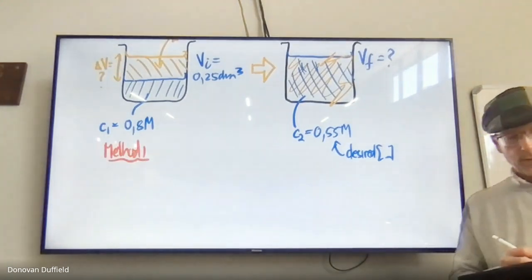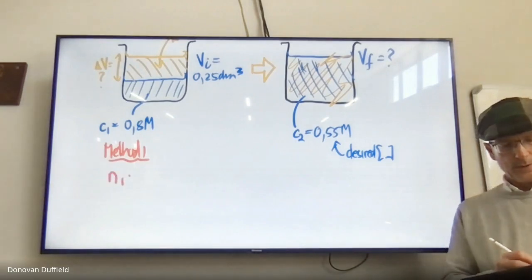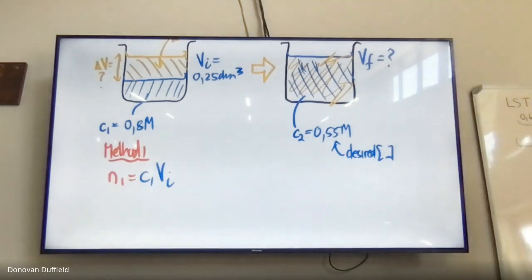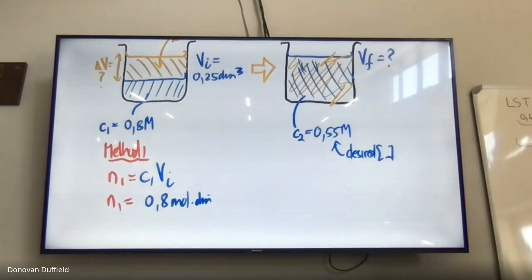we say the number of moles is the concentration times the volume of the solution. So the number of moles is going to be the concentration, which is 0.8 mole per cubic decimeter, times V initial, which is 0.25 cubic decimeters.